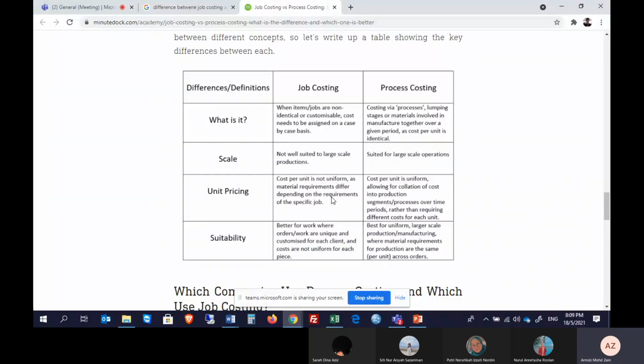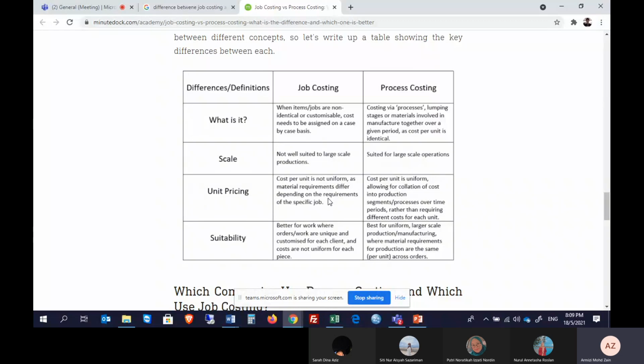And for unit pricing, cost per unit is not uniform. Cost per unit for job costing is not the same. Each job has its own cost per unit, as material requirements differ depending on the requirements of the specific job. This one is for a specific job.